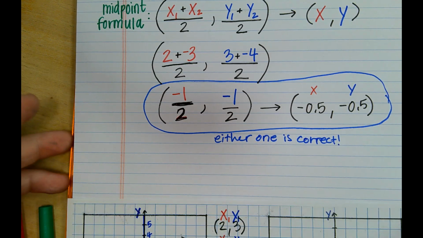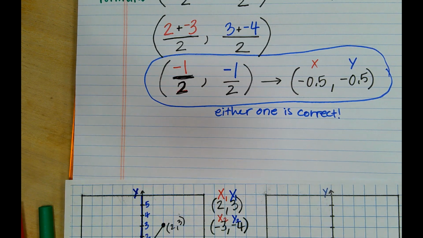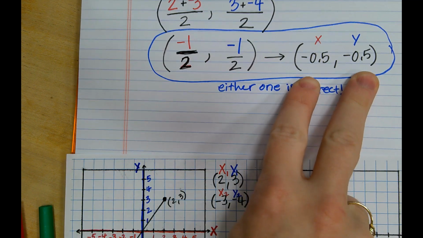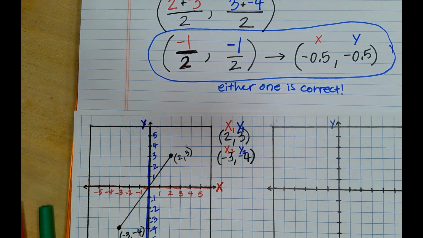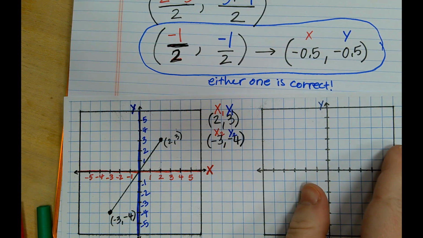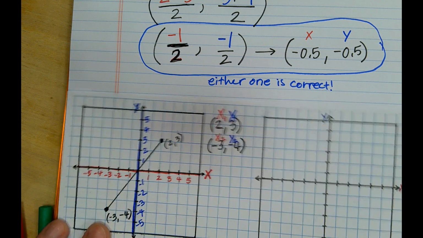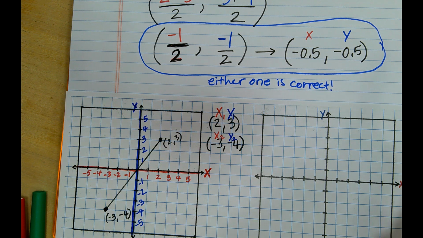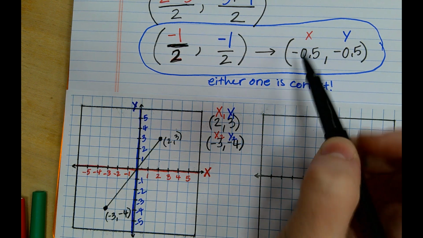Okay. So we've used that formula. Now we want to plot this point that we just came up with. So what's my x value of my midpoint? -1. Almost.